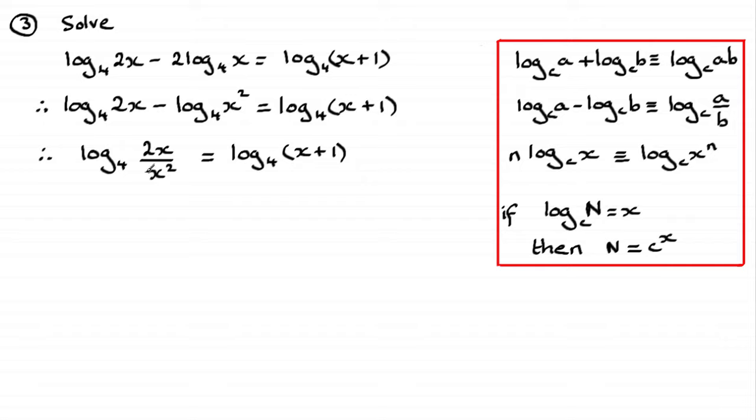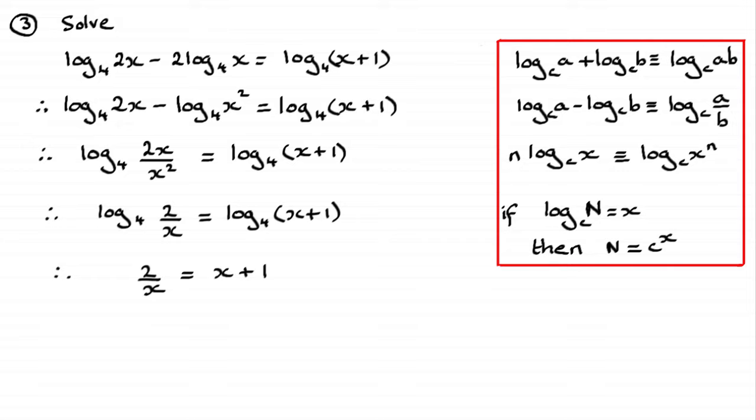I've got my 2 terms, both terms are logs, so all I need to do is just take away those logs, okay? Not physically take them away, kind of anti-log if you like, and that just gives me 2x over x squared equals x plus 1. By the way, these x's cancel, so it reduces down to 2 over x, okay? 2 over x equals x plus 1 when we remove the logs.